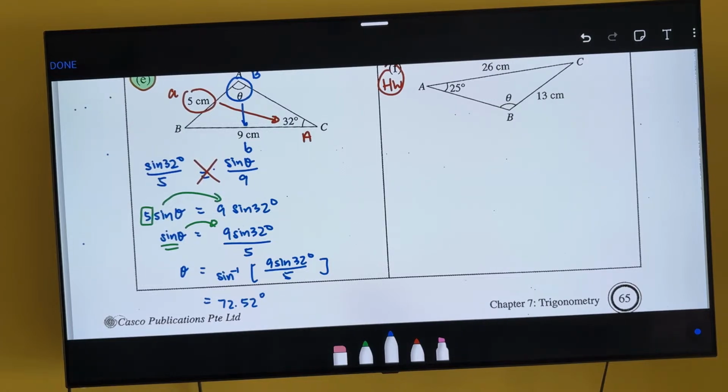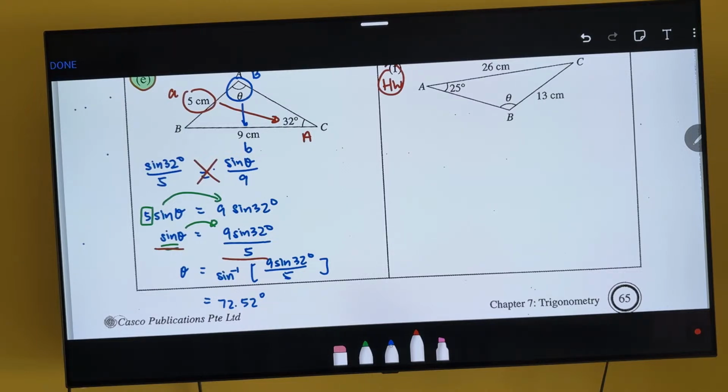Now let's be very careful to look back at the diagram. In this diagram, we realize that theta is not acute. It is obtuse. So when we have sine of an angle being positive, it can be acute or obtuse.